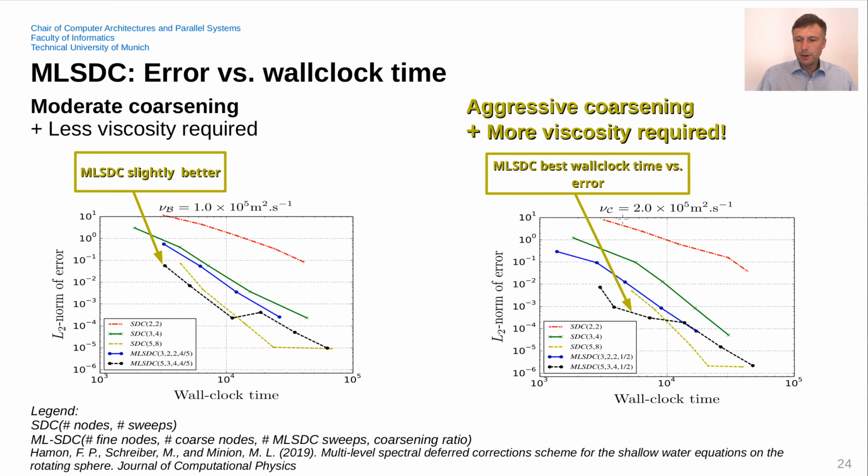But if we do that, we can also observe that using these ML-SDC schemes gets an even better wall clock time versus the error, and also for that one here. So that's the ML-SDC scheme versus this SDC scheme, and we see that we get either a reduced wall clock time or a reduced error by using the ML-SDC scheme.